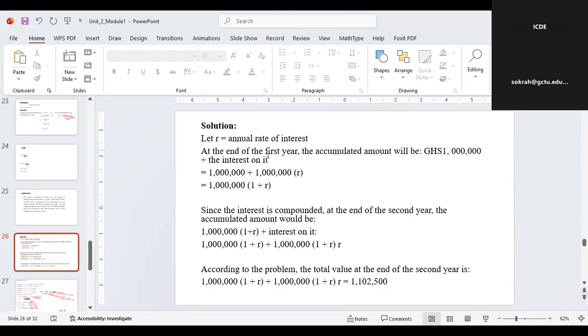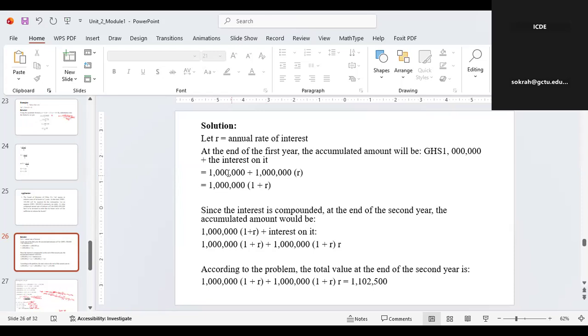So at the end of the first year, the accumulated amount will be what? 1 million, that's the principal, plus the interest on it. So that would be what? The 1 million plus, how do you find the interest? The interest is the percentage, that rate times the rate of what? The principal.